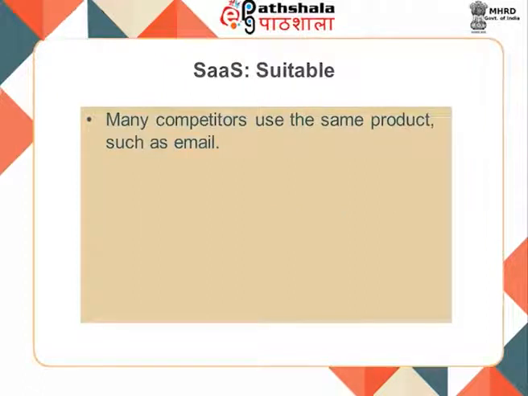SaaS is suitable for products where many competitors are using the same product. An example is email, where many people are using the same application. If we look at the email example, we understand where the most benefit of SaaS comes from.